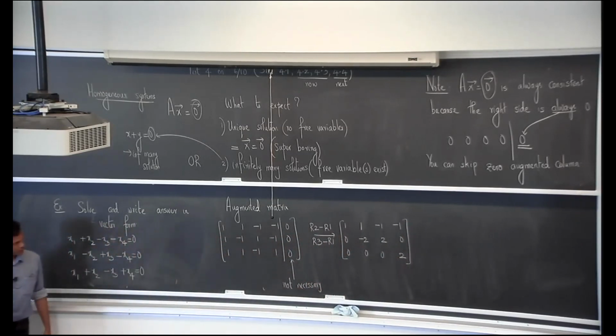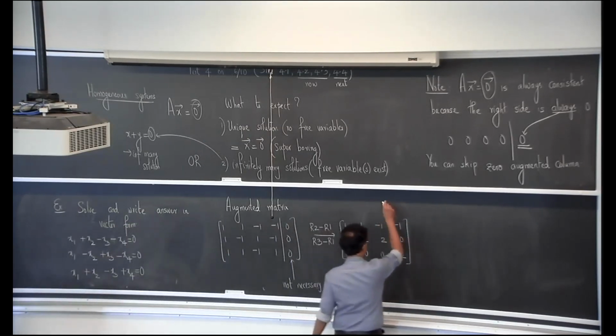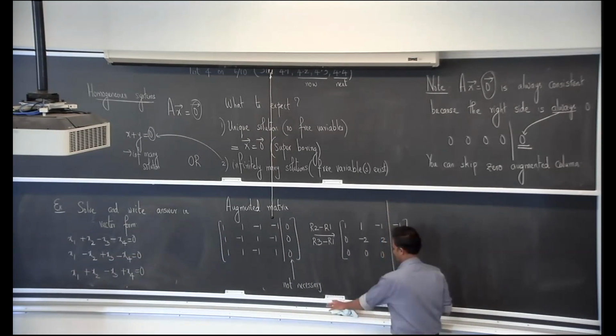So that's what the matrix will look like without the augmented column. If you do that, don't put another separator line there. Okay. So just be careful. If you're cutting out the augmented part, you shouldn't do this. Okay.